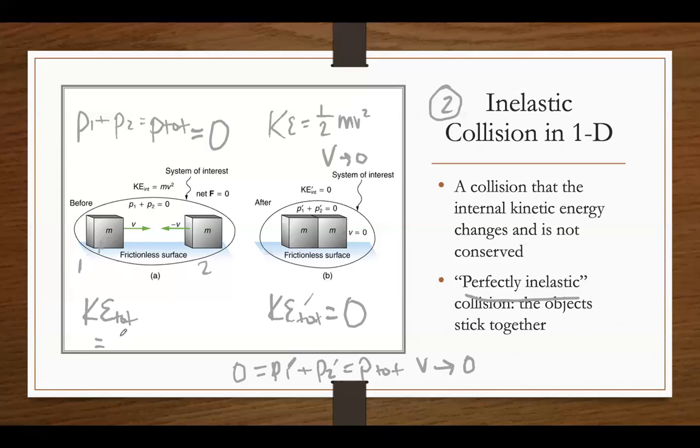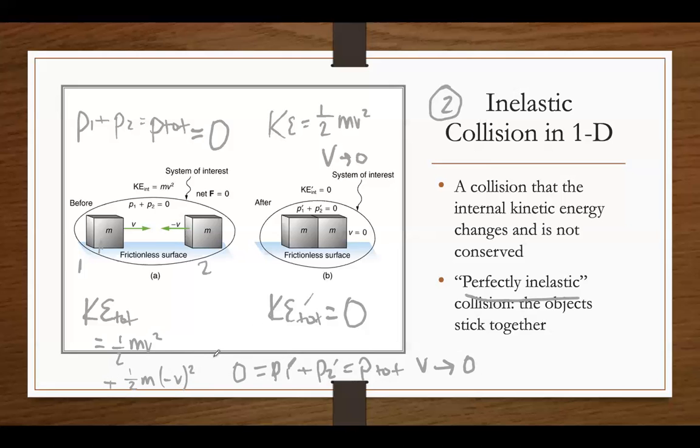So that's going to be 1/2 mv squared plus 1/2 m, and now our v here is in the opposite direction, so I would put minus v, squared.